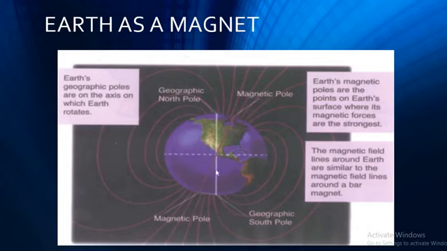The red line is the magnetic pole. So the magnetic field lines around Earth are similar to the magnetic field lines around a bar magnet. So it's the same. You see, it's the same.